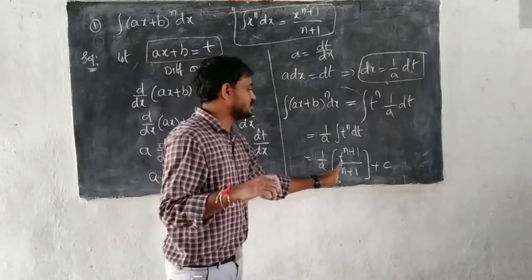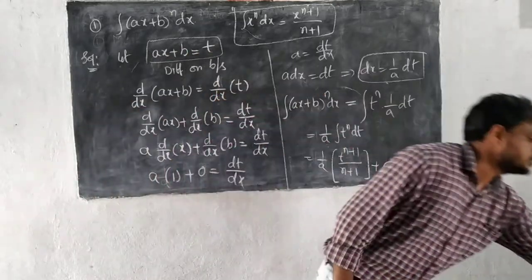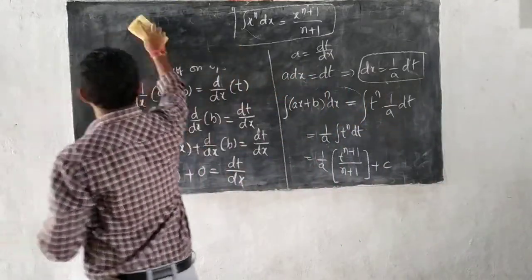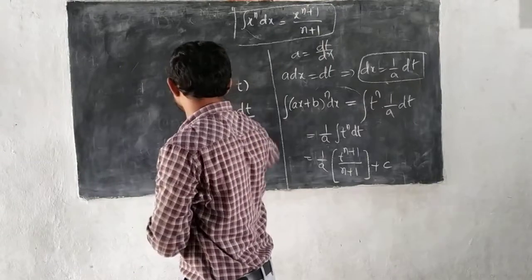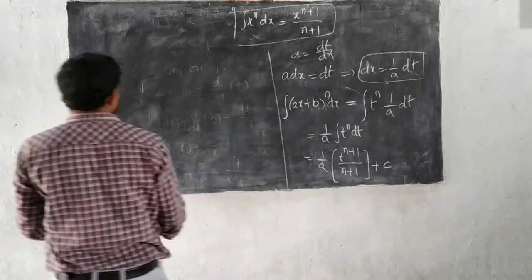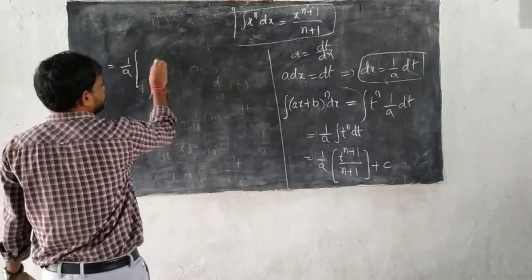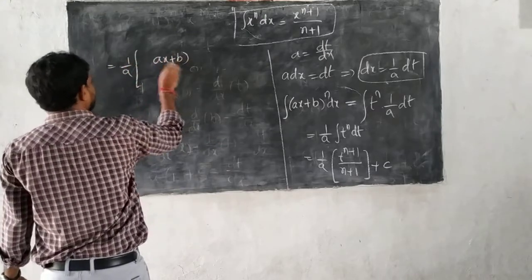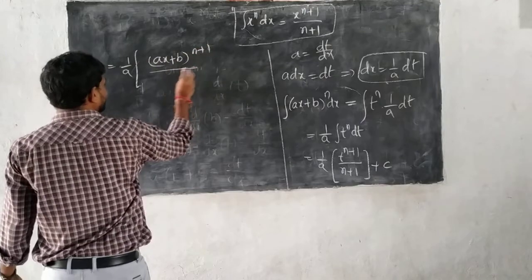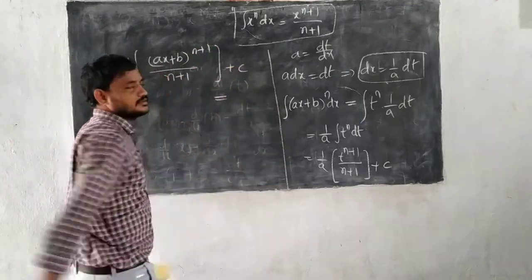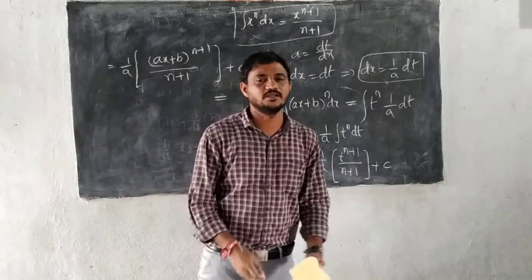So if you substitute the t value here, what do you get? 1 by a into (ax plus b) to the power of n plus 1 by n plus 1, plus c. So that is the integral of our given function.